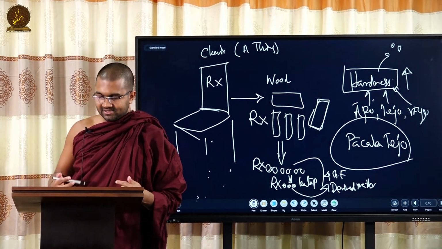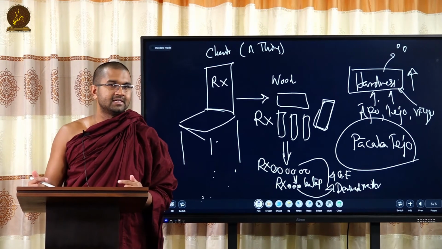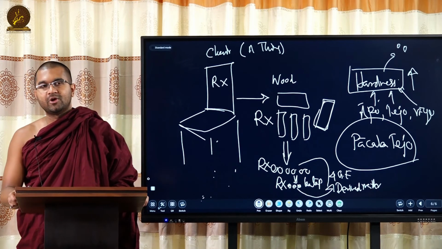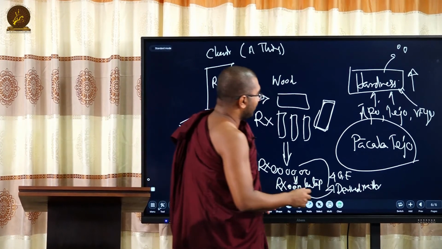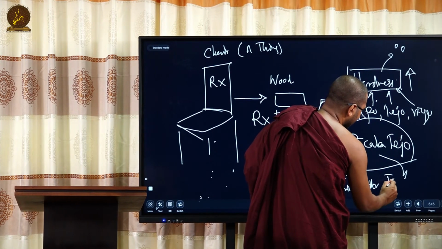Lady Sayadaw suggests, and also some teachers suggest, that this Pachaka Tejo, which originates in the stomach, is spread all over the body. It's made out of Kamma. We call it Jivita Navaka Kalapa.